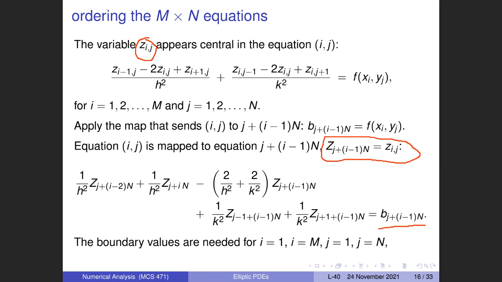So there is progress. There are two main formulas on this slide. The top formula is the general formula in our original letters, as we see the two-dimensional grid. The second big formula here is the formula that is suitable for the linear algebra. This formula defines the coefficients in the linear system.